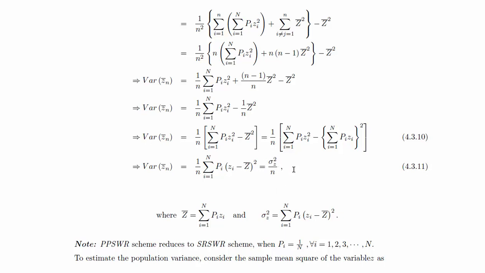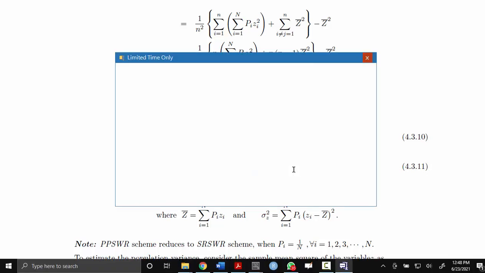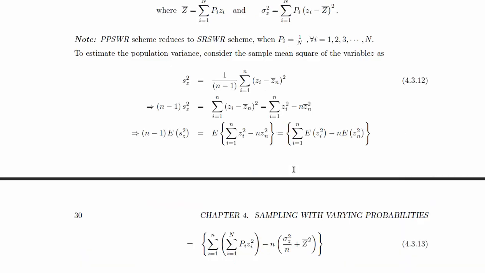So as the sample size increases, this variance decreases, that means we get estimates with more precision. When all the selection probabilities P1, P2 up to Pn are equal, and all of them are equal to 1 by capital N, then PPS with replacement is converted to simple random sampling with replacement.